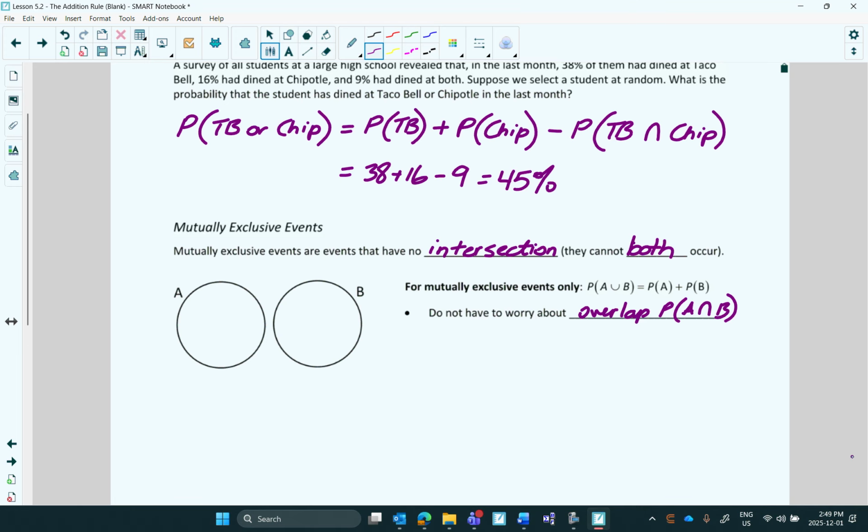Can you think of two events that are mutually exclusive? The probability of owning a cat, or how about, yeah, the probability an animal is a cat and the probability an animal is a dog. True. Because if it was owned a cat and owned a dog, there's likely going to be some overlap.